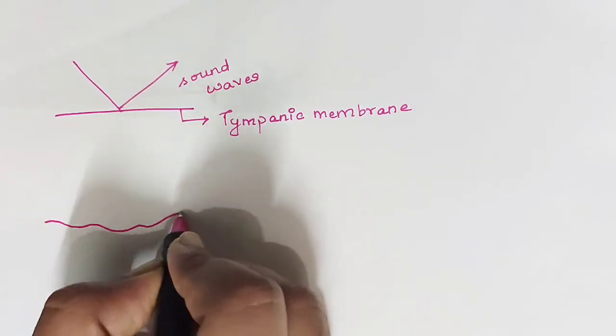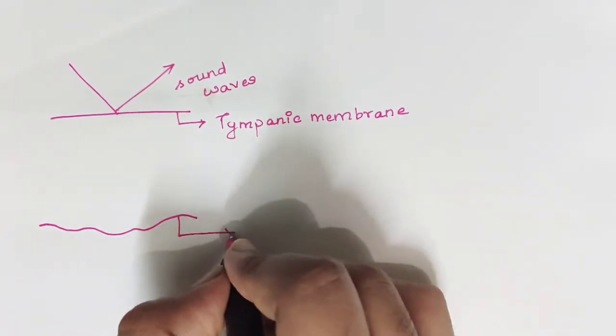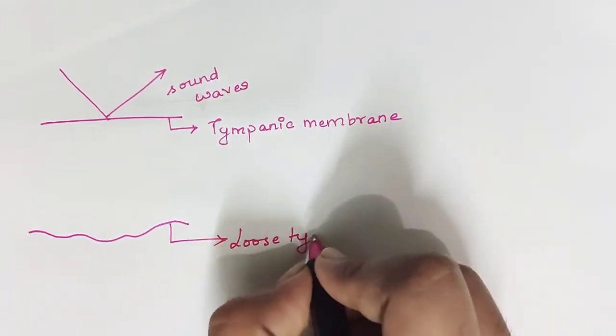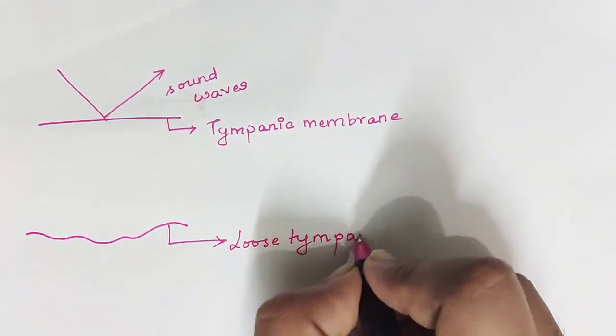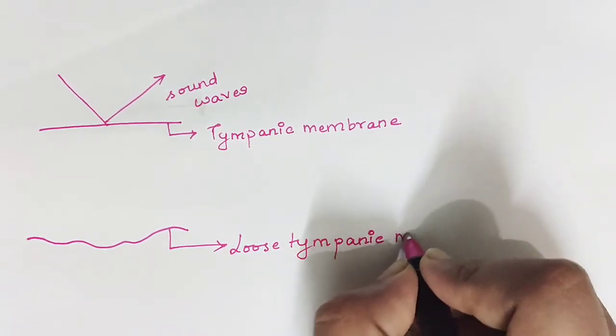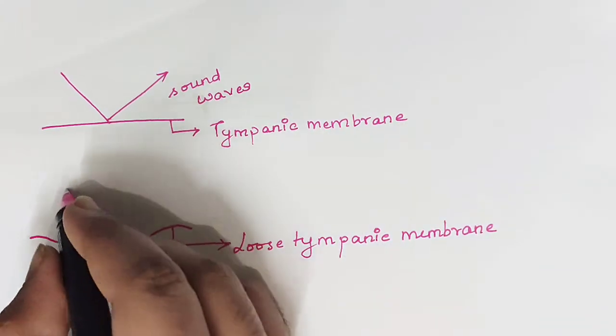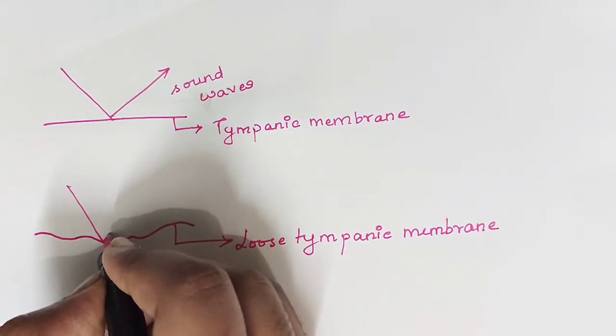Similarly, if the resistance or tension of the tympanic membrane is less, I mean if the tympanic membrane is very loose, like the second torn racket which I showed in the video, the reflection of sound waves will be very less. With this principle, we measure the compliance.